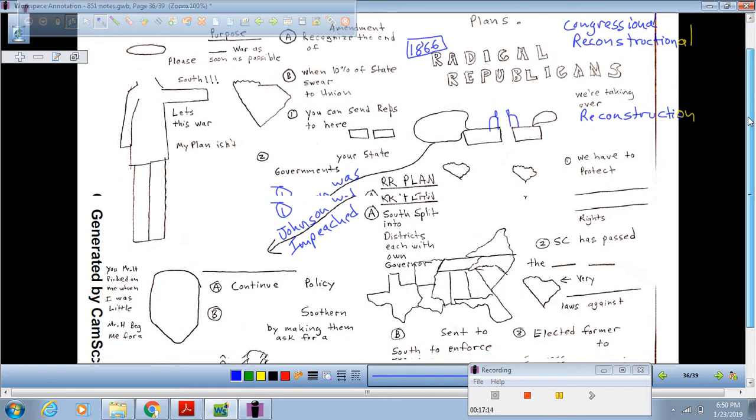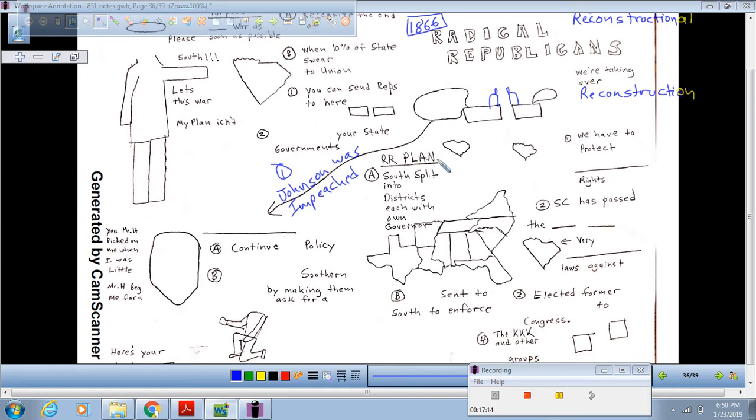Now, part two, we'll talk about in a few minutes, but let's review the reasons. One of the reasons is that ex-Confederates were elected to Congress, which, of course, these would have been the hardliners, the fire eaters that wanted to secede, and now they're back in the government.